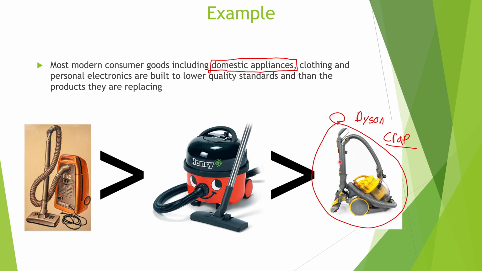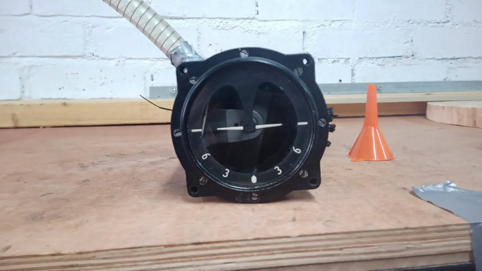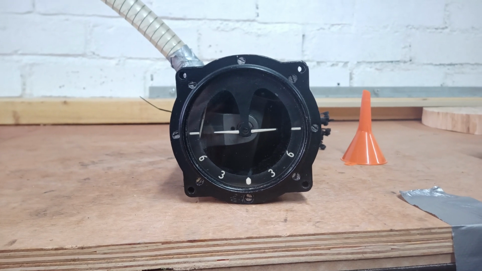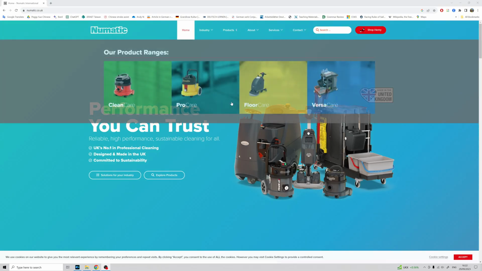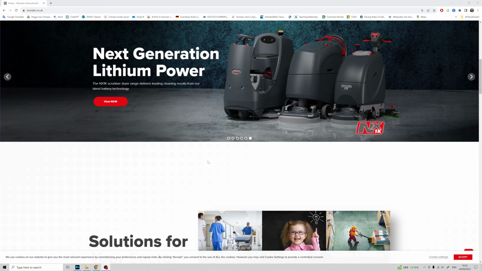I've inherited a couple during my time, and they've all died very quickly, whereas the Henry that I bought maybe 17 years ago now is still running. Now, I've talked about Henry Hoovers before. I think they're one of the most wonderful examples of a consumer product that's available today, because they are relatively cheap and they last forever, and the country that makes them, Pneumatic, has been making the same model for 1980 and still holds all the spares.